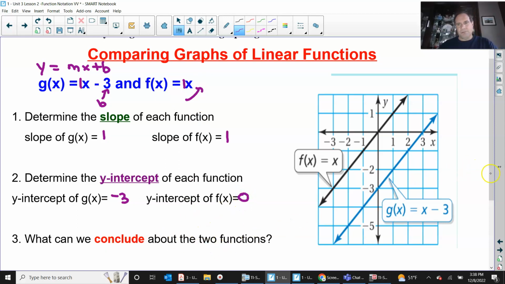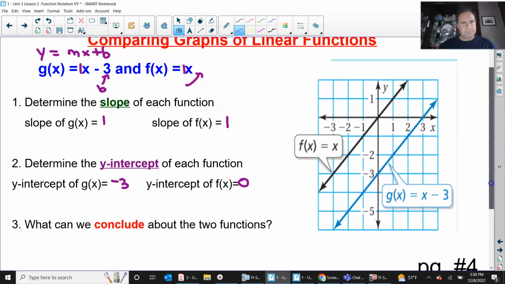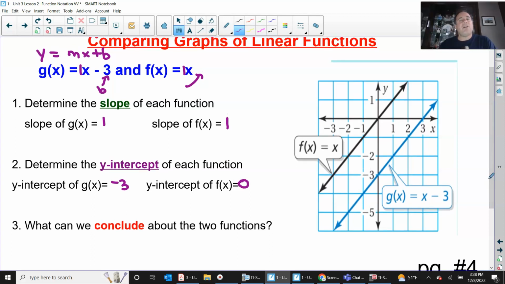What can you conclude of the two functions? Well, you could say that they are parallel. They have the same slope because they are parallel, the same rise and run. F of x is a direct variation. Goes through 0, 0.